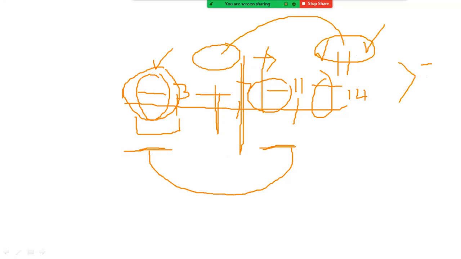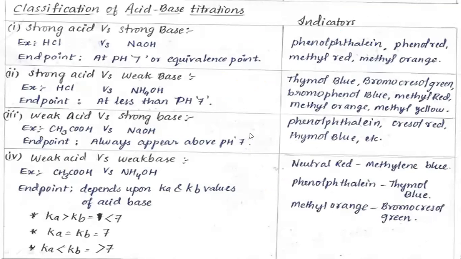So we can see that more than 7 is the equivalence point we get in this combination, right? This is very important. We need to write where these equivalence points will come, at what pH values, in the examinations, right?